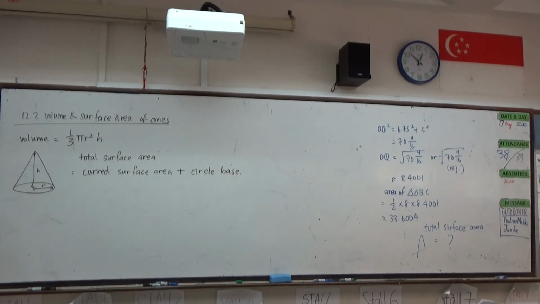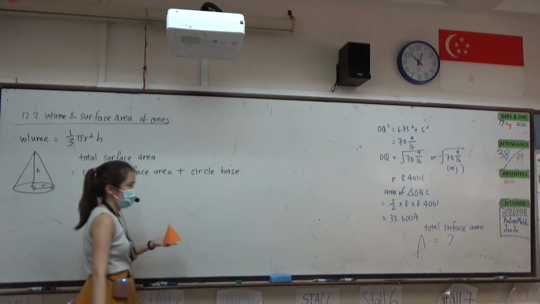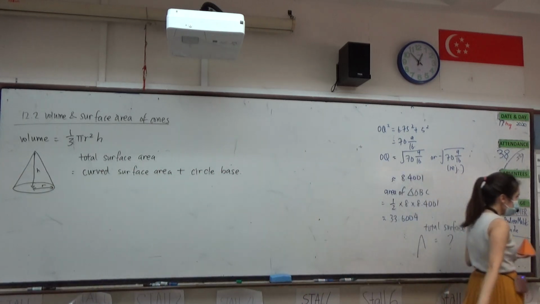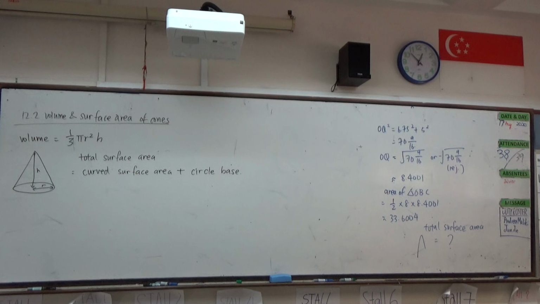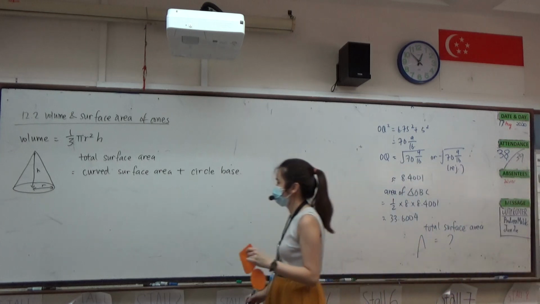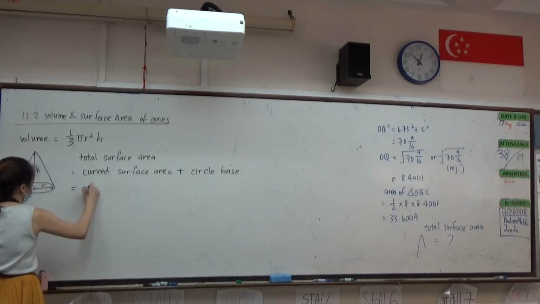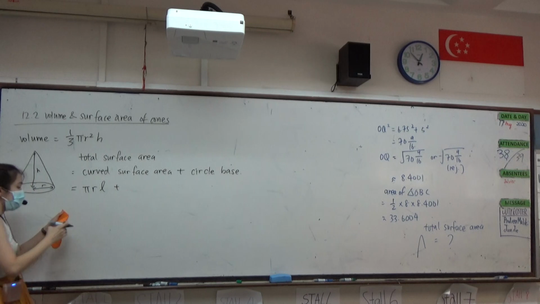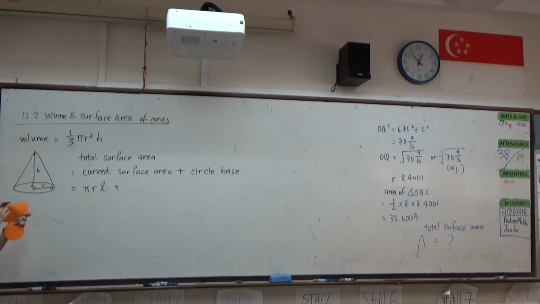Right? Then how to find the total surface area? To find the curved surface area at the top, there is a formula to it. It is pi r l. There is definitely a way to explain why the curved surface area is pi r l, but I will not take the time to explain it.